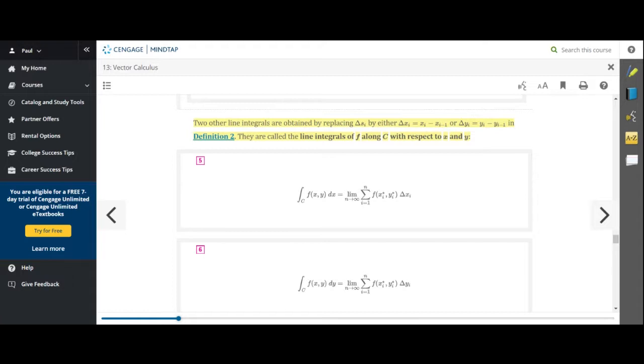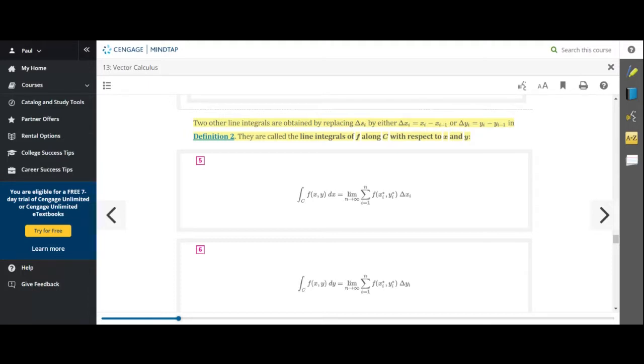But if you replace the s, I want to say this the right way. If you have a horizontal arc, like a line segment going horizontally, then the arc length is the same. The delta s would be the same as delta x. If your arc is a horizontal line segment, then delta s is the same as dx.